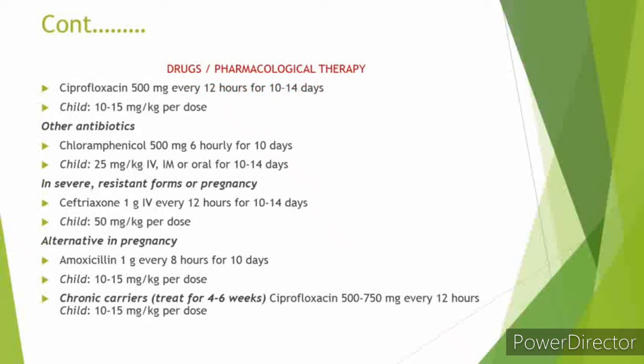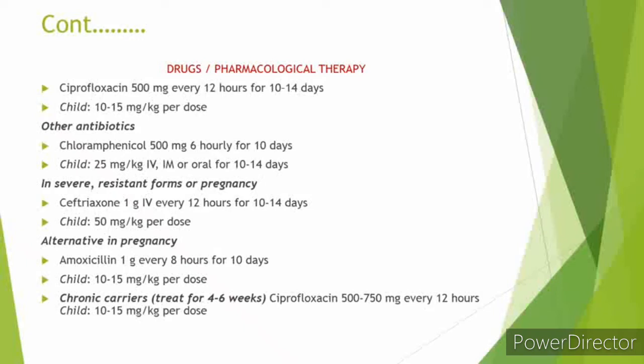So drugs, pharmaceutical therapy. Most patients will be treated using ciprofloxacin, but now there is some resistance with ciprofloxacin. Ciprofloxacin we give 500 milligrams every 12 hours for 10 to 14 days. Then for children, 10 to 15 milligrams per kg body weight.